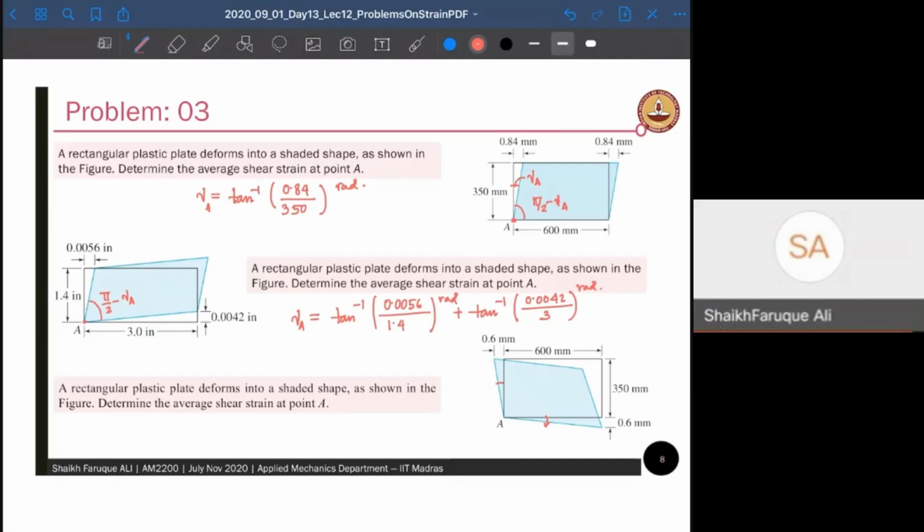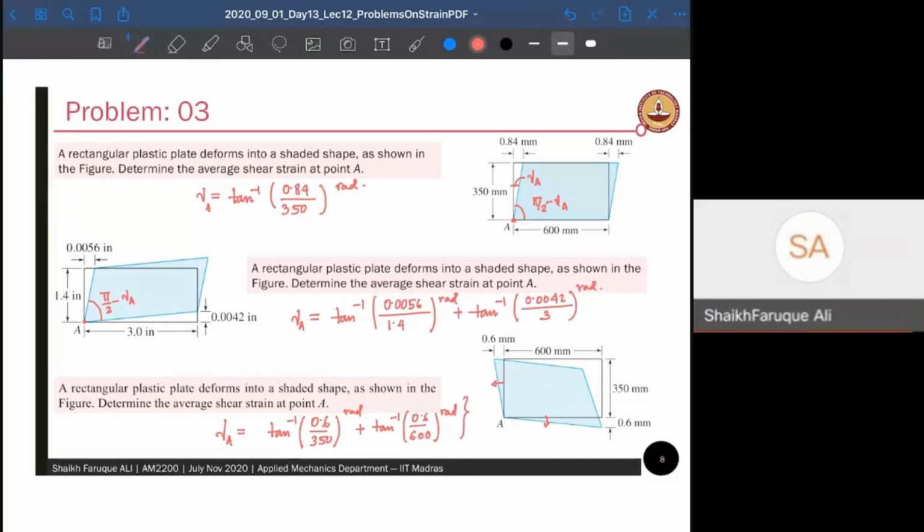So gamma at A is going to be tan inverse of again 0.6 divided by 350 in radians, plus tan inverse of 0.6 divided by 600 in radians, right?